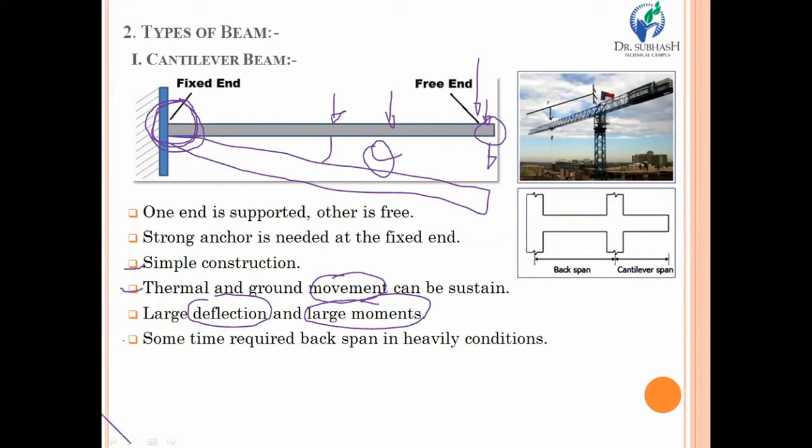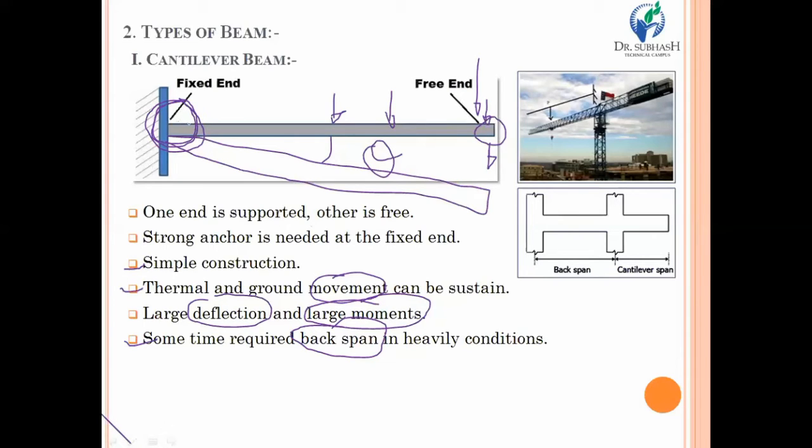In some specific applications, a big span is required. Suppose the length of this particular cantilever beam is high, then you require some supportive structure mechanism, because we know that the other end is free, and a very long cantilever beam cannot resist the bending and shearing force.